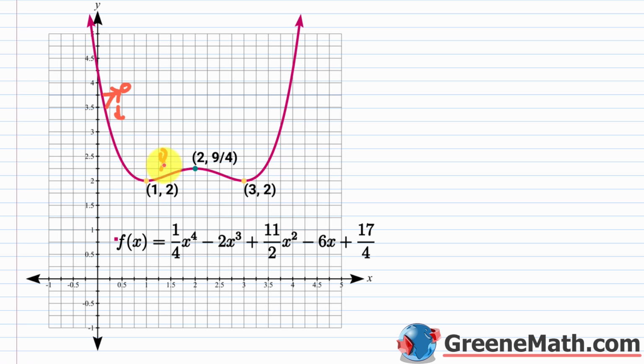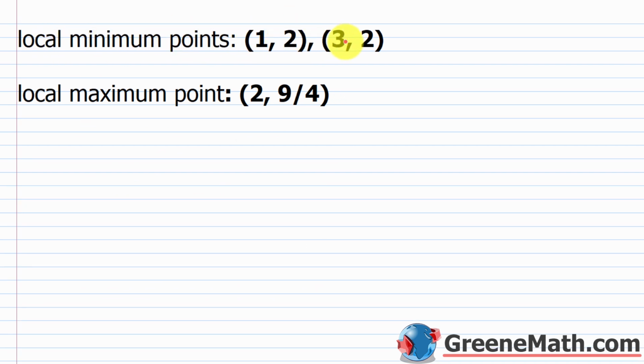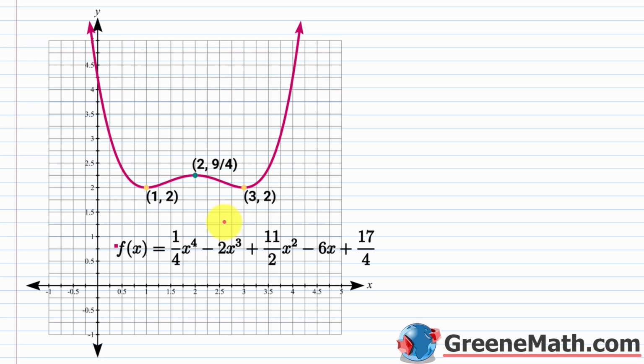So now this guy is going to be increasing. So 1, 2 would be a local minimum point. And then the same thing would be for this point right here, which is 3, 2. We're changing from decreasing to increasing. So this 3, 2 would also be a local minimum point. So coming down here, I have local minimum points 1, 2, and then 3, 2. Now in terms of a local maximum point, that's where you're changing from increasing to decreasing.